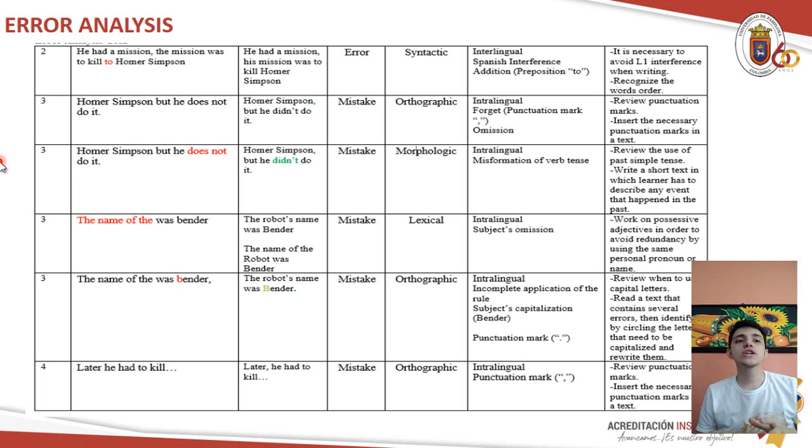The classification of this error is morphological, because he is using a time tense instead of another one, which is the past simple, the auxiliary of the past, which is did, and he used does. This is a mistake because he already knows how to use the past simple tense, and the source of error is intralingual and misformation of verb tense.